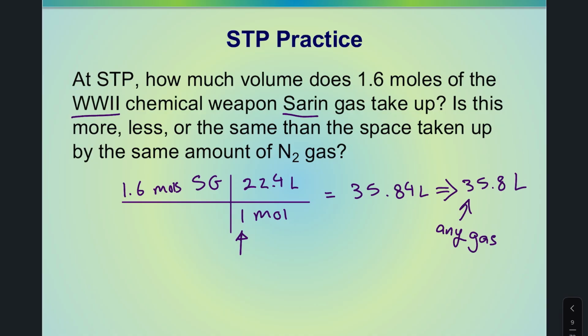So you are going to get the same conversion for N2, which means that we will have 35.8 liters of N2. It's going to be the exact same. All right.